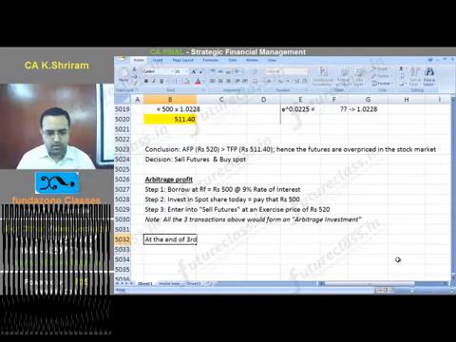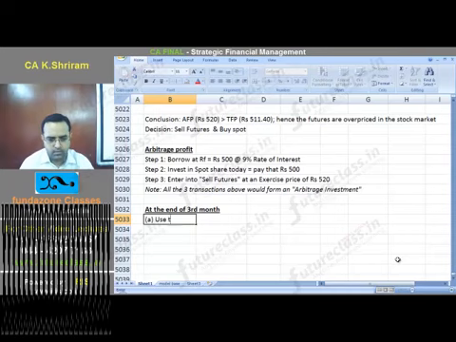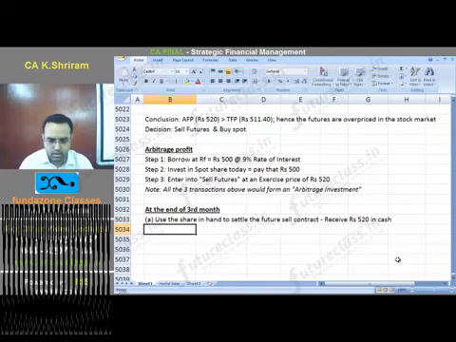At the end of the third month, use the share in hand to settle the future sell contract, and receive 520 in cash.